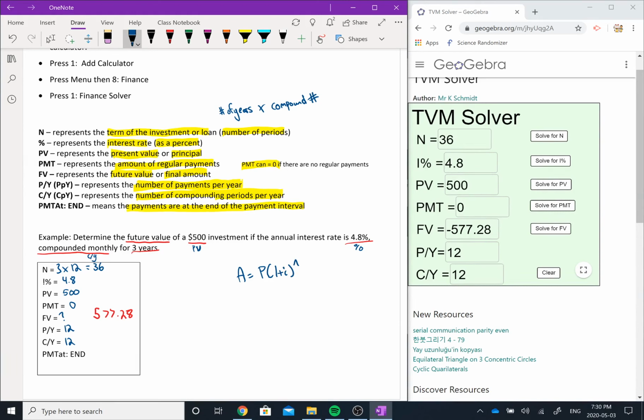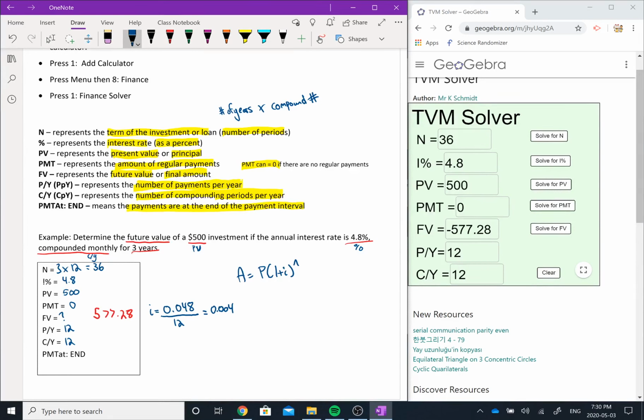Because it's a future value question, we're going to use our main compound interest formula. A equals P times 1 plus i to the power of n. Our i value, we do need to calculate in this case. So the percent as a decimal, 0.048 divided by 12, is 0.004.